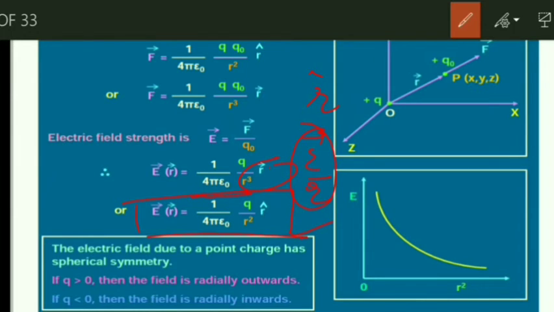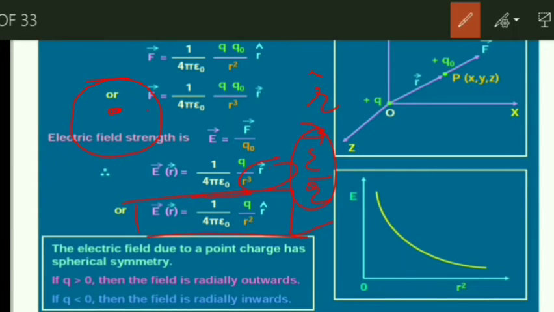So friends, electric field due to a point charge has spherical symmetry. This should be remembered that if I have a point charge, then its electric field will have spherical symmetry, that is like a ball. So a point charge will be represented by a ball.